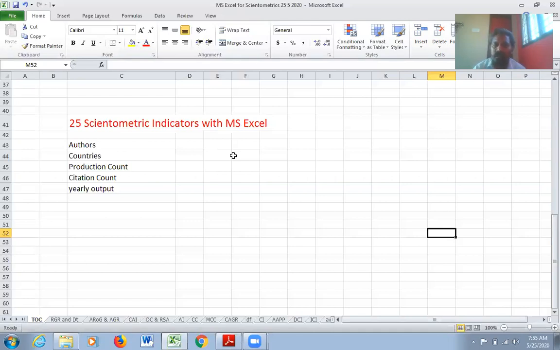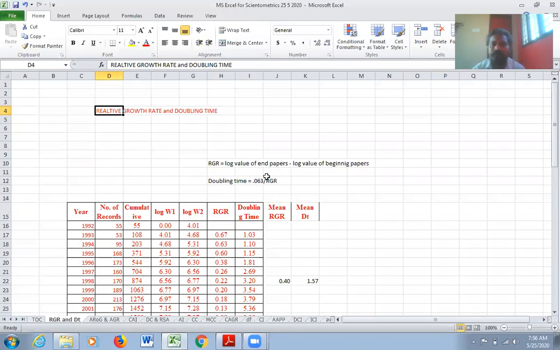So many of the scientometric indicators sometimes look similar. They follow the same pattern, only with one or two modifications here and there. So it is an evolving field where you get a lot of new scientific indicators. But we would like to confine this presentation only to these 25 scientific indicators. Apart from this, there are many more in the field which you can explore by yourself. So let's start from the first one.